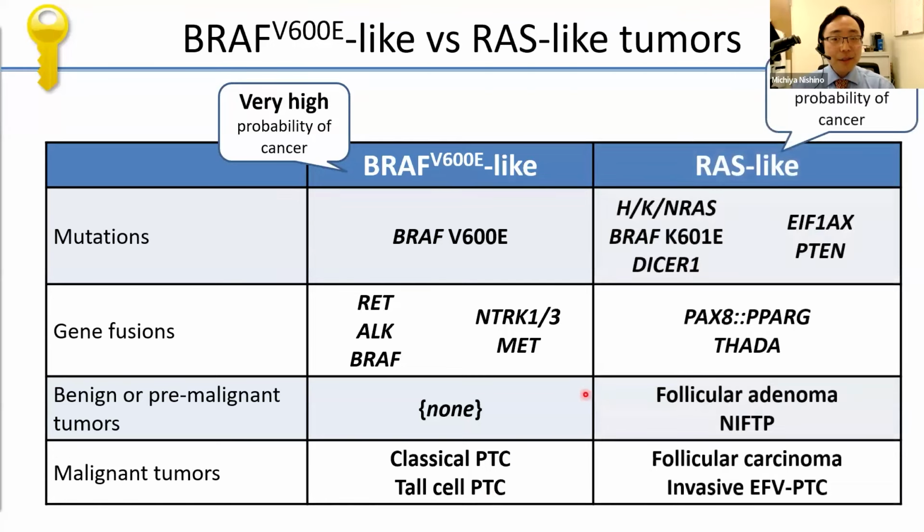On the other hand, the detection of a RAS-like alteration is seen in both benign and malignant follicular pattern neoplasms. So the detection of a RAS-like alteration, think of that as being molecularly indeterminate for cancer, and that's usually followed by a diagnostic surgery for definitive classification of tumor into one of these categories.